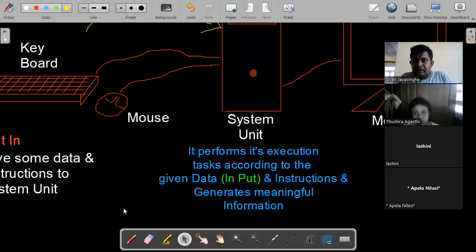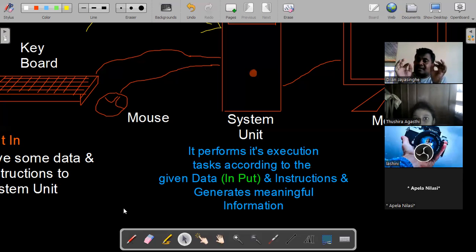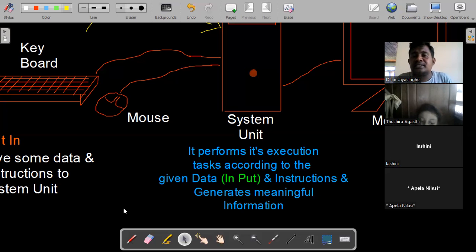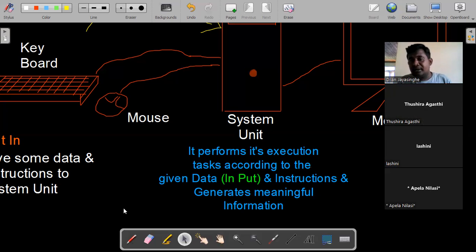Therefore, keep in mind, inside the system unit, this execution of tasks according to the data and instructions can be called a process. What happens inside the system unit? The process.